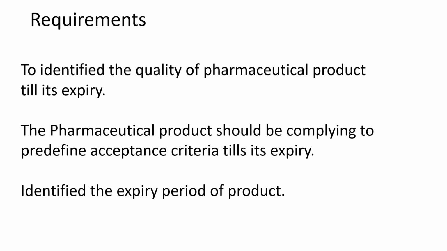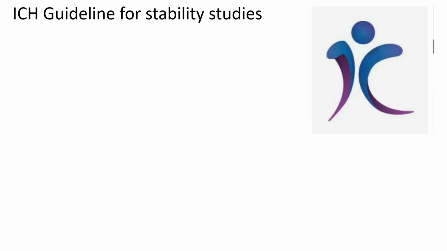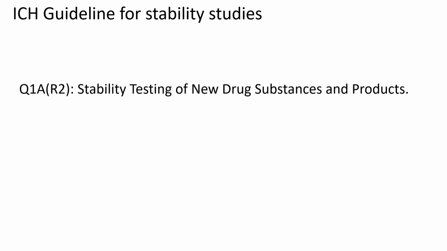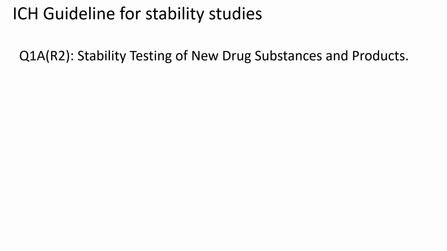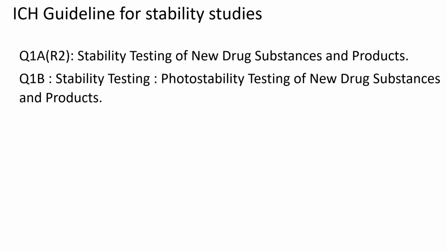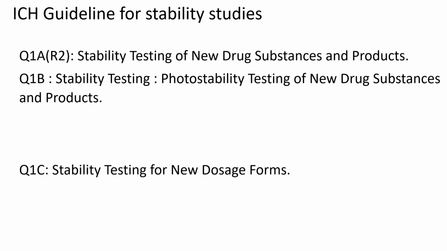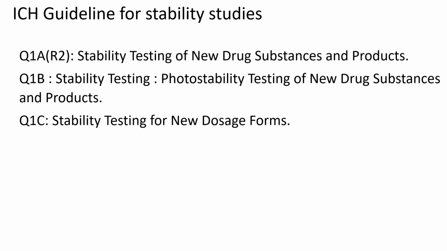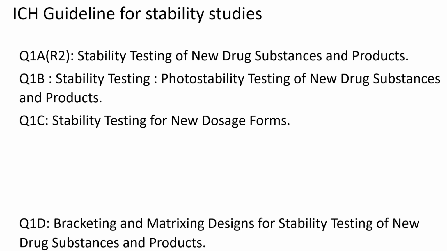a retest period of the product. So let's understand the ICH guideline for stability studies. Q1 is the ICH guideline where the stability studies are specified. In this, Q1A R2, meaning revision number 2, stability testing of new drug substance and product. Q1B, stability testing, that is photostability testing of new drug substance and product. Q1C, stability testing of new dosage form.